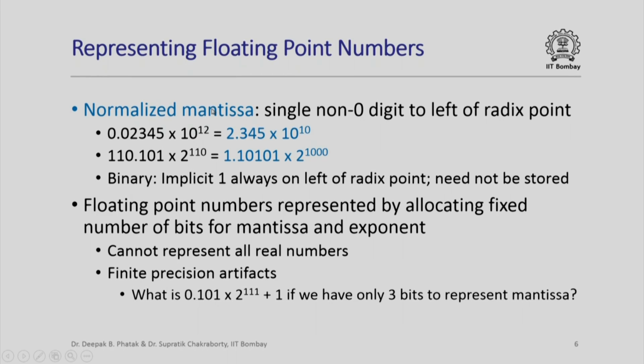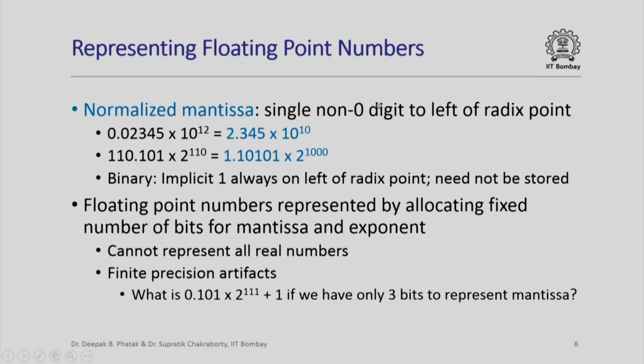And the same notion of a normalized mantissa carries over even for binary representation. This is not a normalized mantissa because to the left of the radix point we have more than one non-zero digits, whereas here to the left of the radix point we have just a single non-zero digit. And here is an interesting observation that if we are representing numbers in binary, then in any case we only have zeros and ones to be used in our representation.